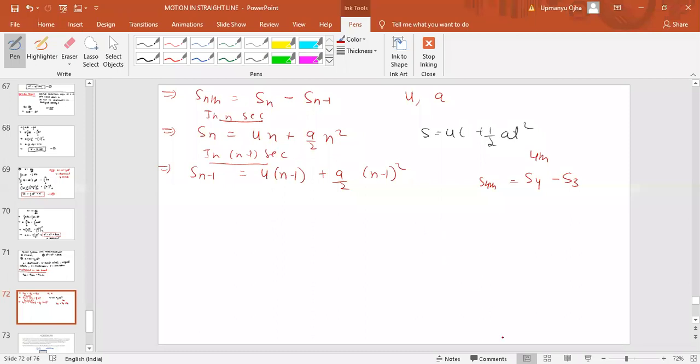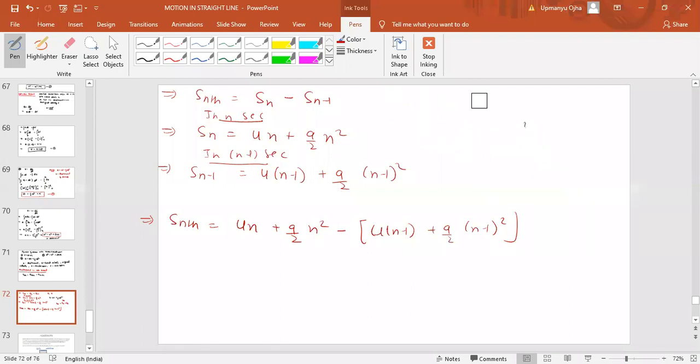Okay, now the displacement in the nth second will be Sn minus S(n minus 1), which is un plus a by 2 n square minus [u(n minus 1) plus a by 2 (n minus 1) whole square]. Correct? Fine. Now we can open this bracket.